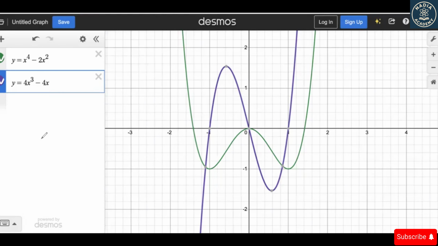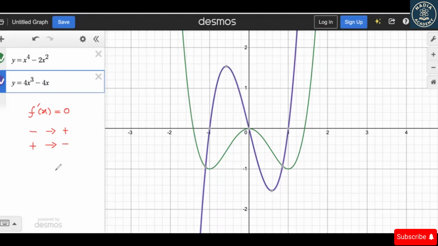So it means that when the derivative of a function is equal to 0, that will be a point where the gradient is changing its sign. It could be either from negative to positive, or from positive to negative.